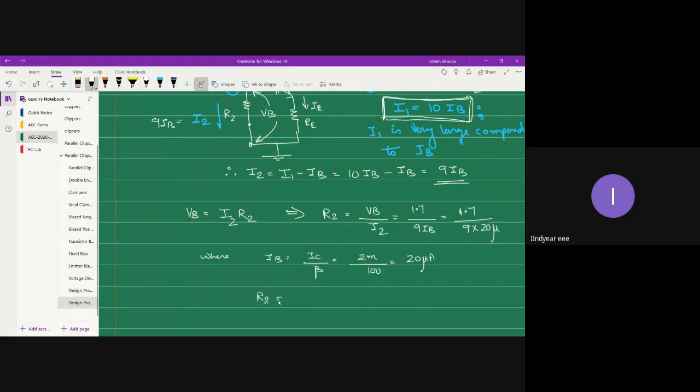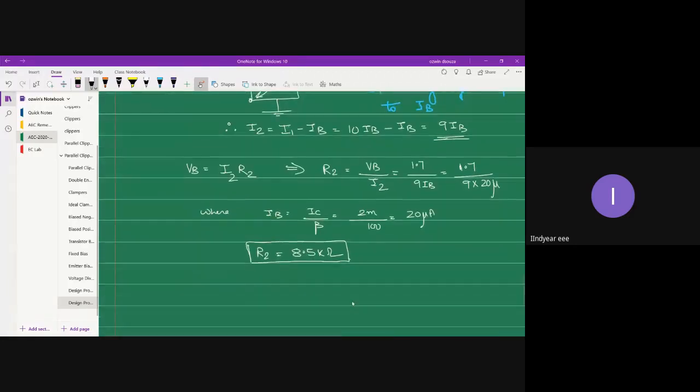Can anyone tell me the value of R2? 8.5 kilo ohm. Can anyone confirm? Did you get R2 as 8.5 kilo ohm? Yes, sir. Good.